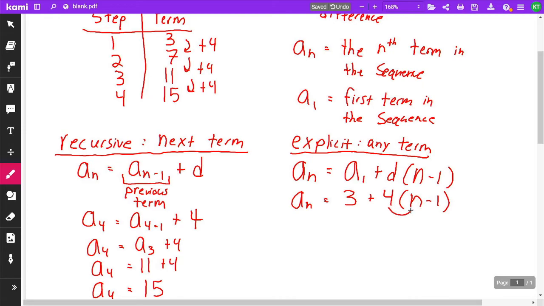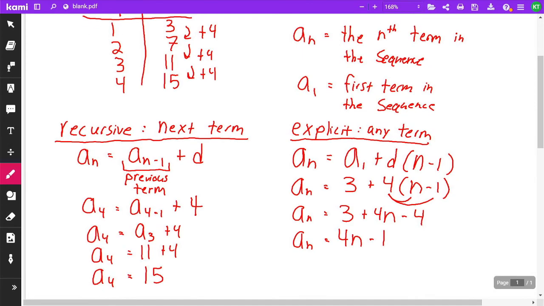So 4 times n and then 4 times negative 1. So we'll have a sub n is equal to 3 plus 4n minus 4. And we combine like terms, so we'll have a sub n is equal to 4n minus 1. And so that would be our explicit equation which we have.